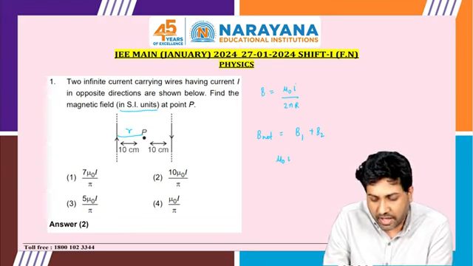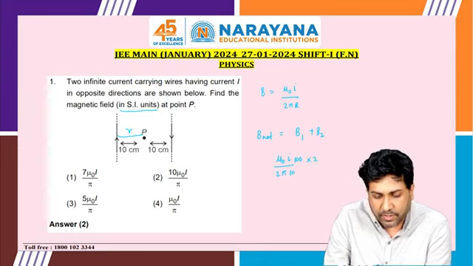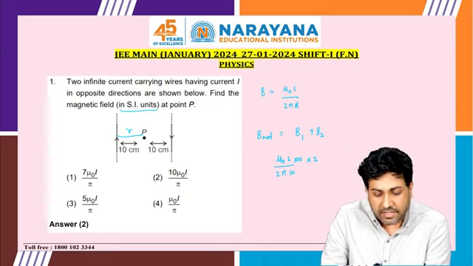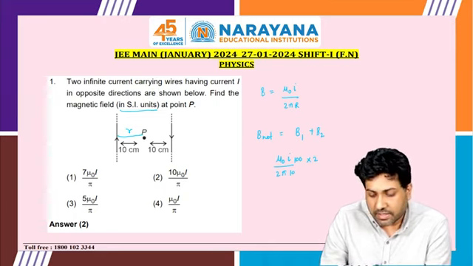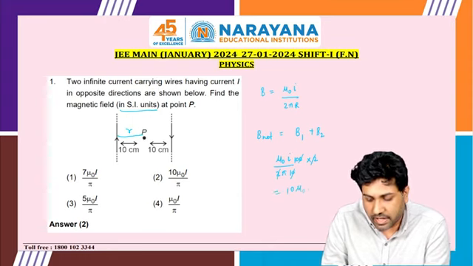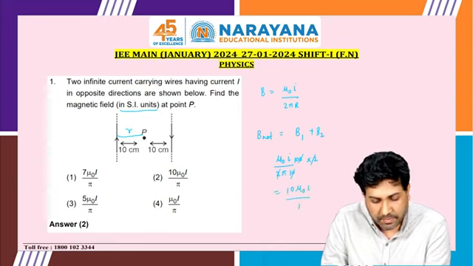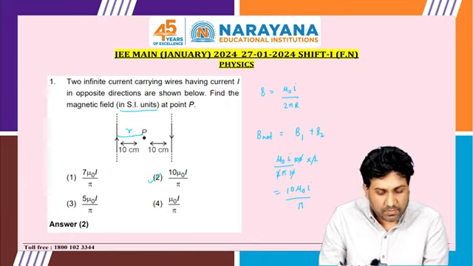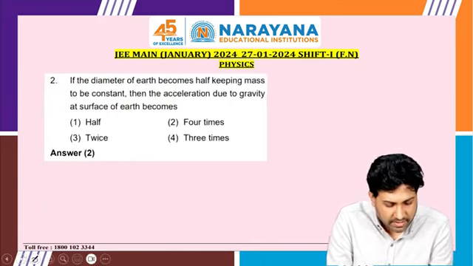R will be replaced with 10 by 100, and I can just multiply it with 2 because both the wires carry the same current I, and the distance also are equal. So from here we will get 10 mu naught I upon pi, which is 2. Okay, let's move to the next question then.